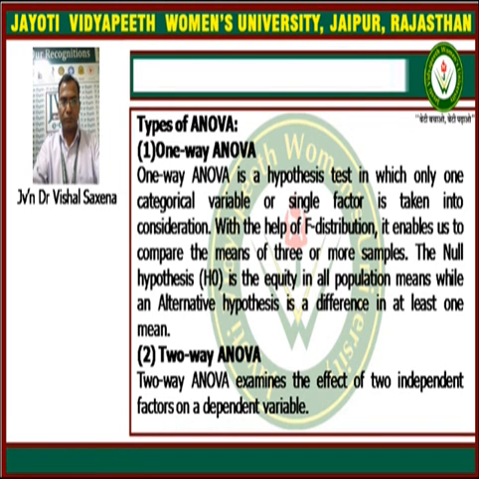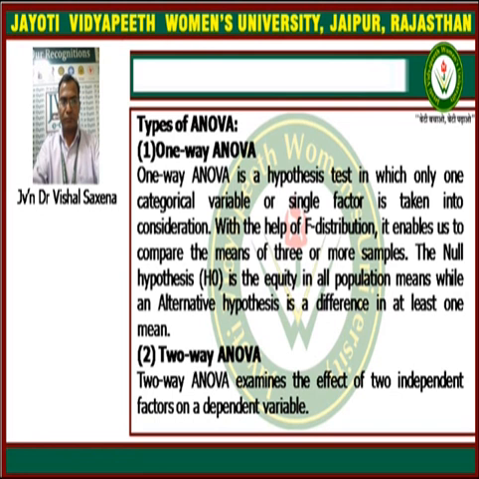So types of ANOVA. First, one-way ANOVA. One-way ANOVA is a hypothesis test in which only one categorical variable or single factor is taken into consideration. With the help of the F distribution, it enables us to compare the means of three or more samples.